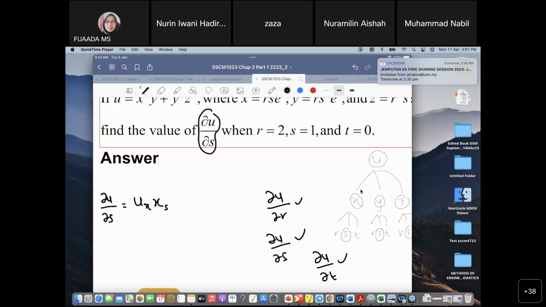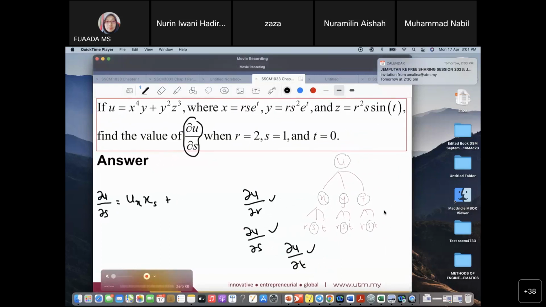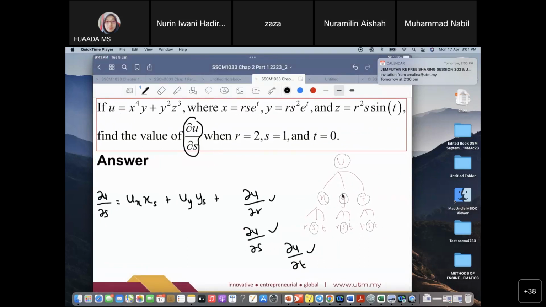Sebab malas nak tulis del kan. So, ini acceptable lah ni. U ke X, U_X, X ke S, X_S. Yang kedua, second term, lalu Y. So, U_Y, and then Y_S. And yang ketiga, melalui Z. So, U_Z, Z_S.